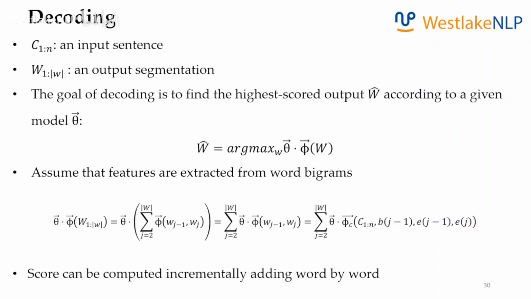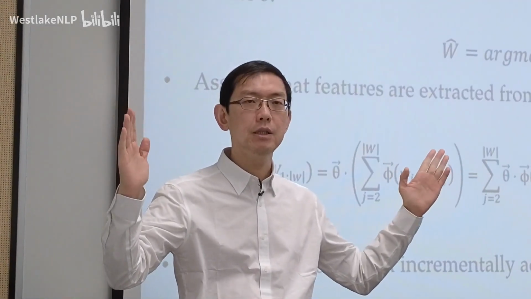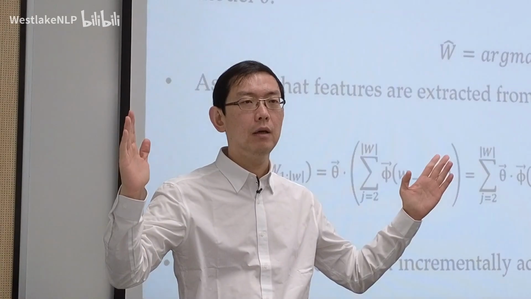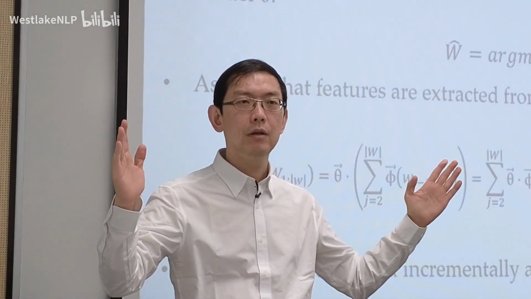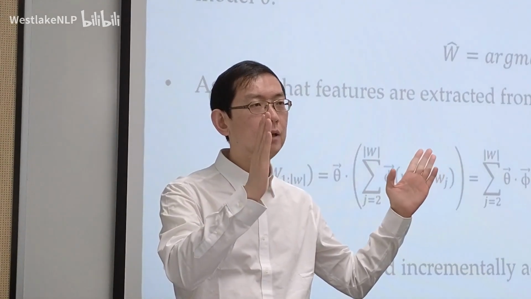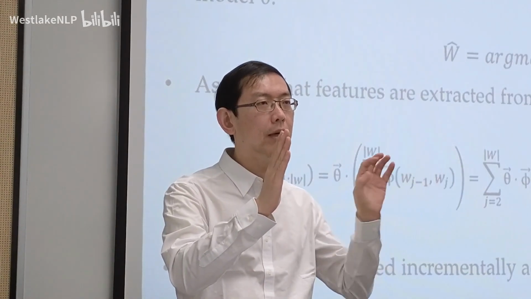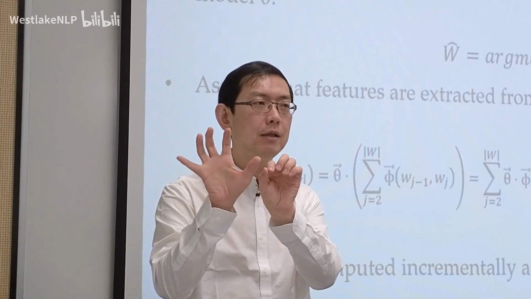And you all know the thinking of dynamic program now after you learn the Viterbi algorithm. So I will go slightly quicker. So the main idea is, if you want to find the highest scored output segmentation sequence, can it be derived from the highest scored subsequence, removing the last segment?